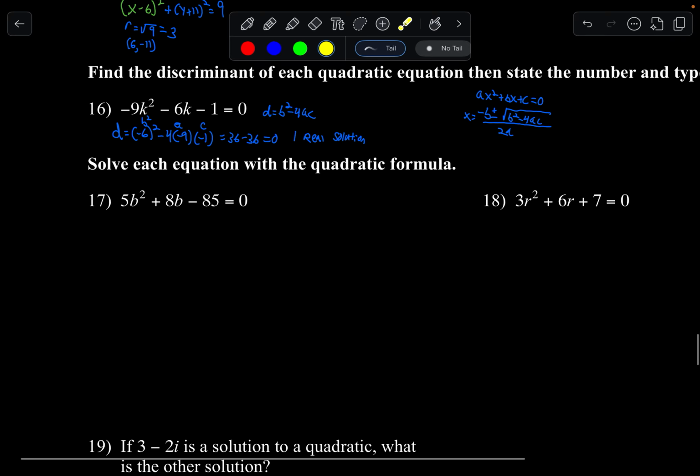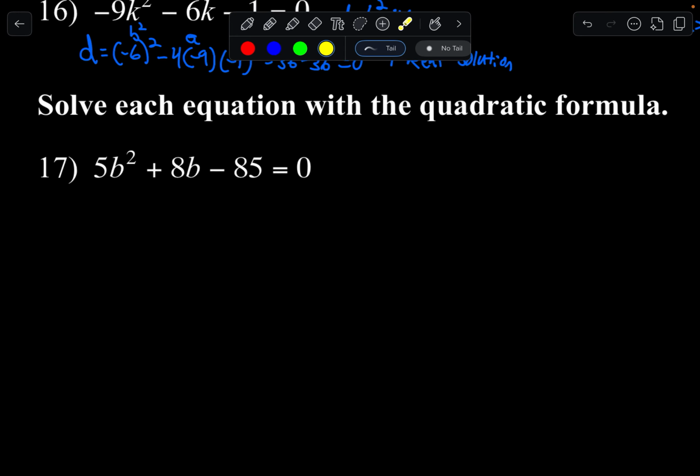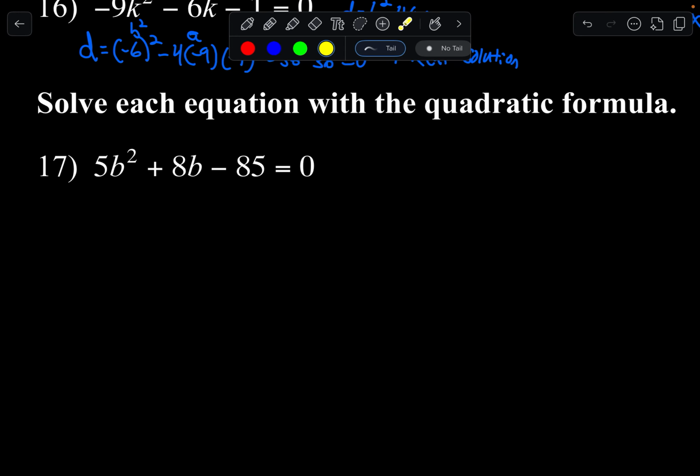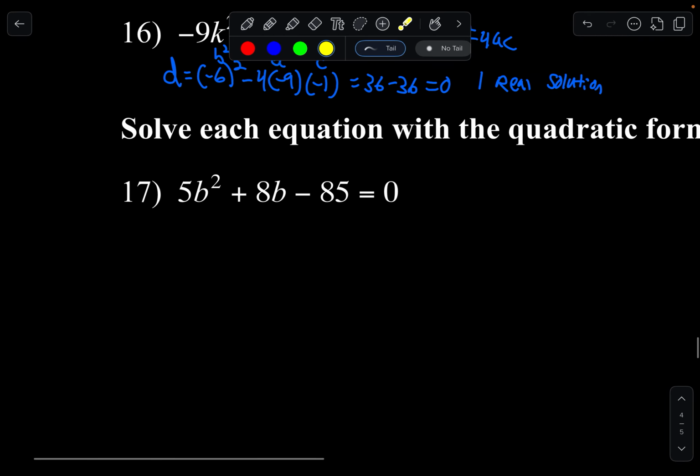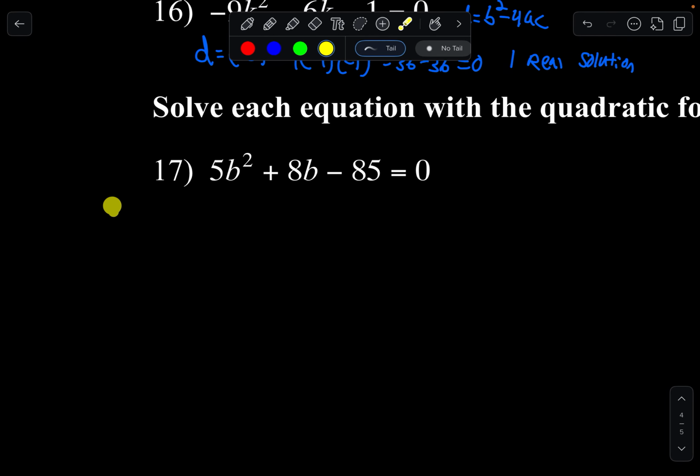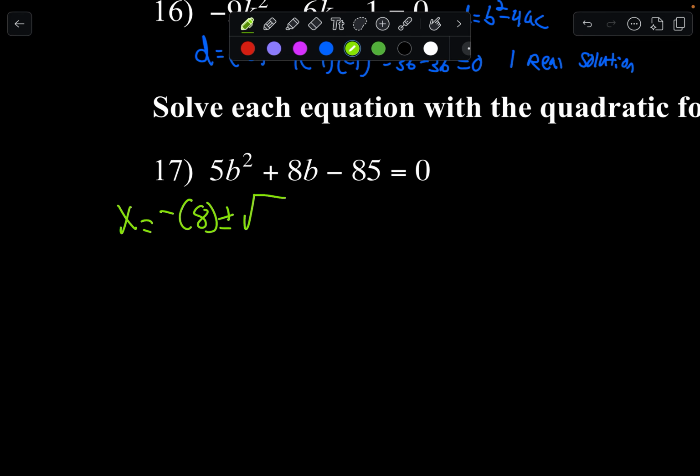So to solve an equation like this, notice it's equal to 0, so you can instantly use the quadratic formula. x equals the opposite of b, b's 8, plus or minus the square root of b squared, which is 8 squared, minus 4 times a, which is 5, times c, which is negative 85, all over 2 times 5.